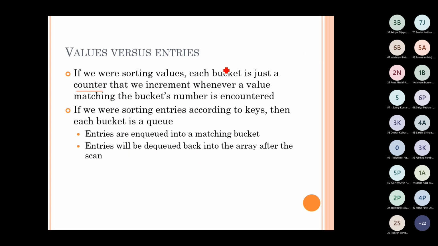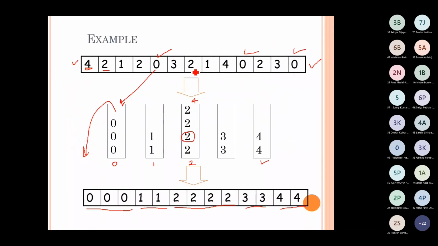So each bucket is just a counter that we increment whenever a value matching the bucket number is encountered. We are not physically putting the value in the bucket; we just increment the counter present in it. Initially it was 0, so when I read this 2, that 0 becomes 1.